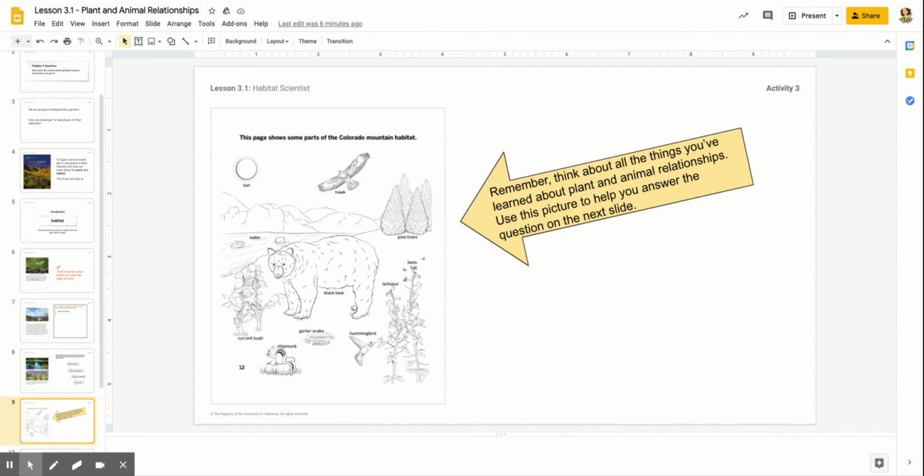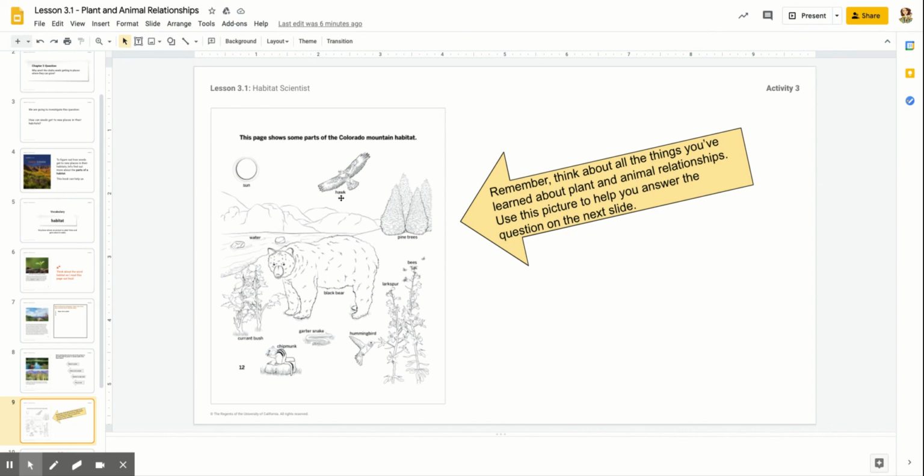And lastly, this is another picture from the book. It's all of the different things that we read about a few minutes ago. This page shows parts of the Colorado mountain habitat. So this is a mountain habitat, and everything in this habitat is labeled.